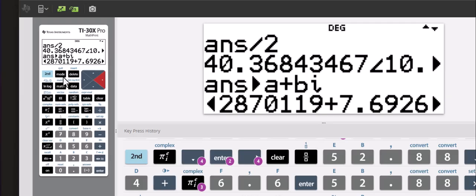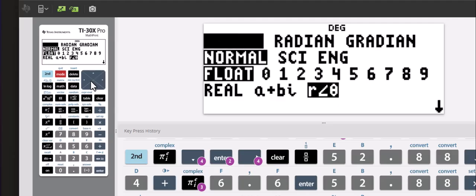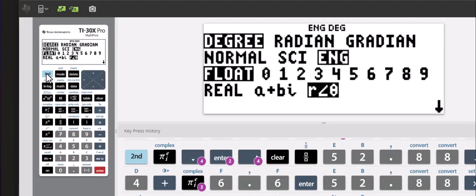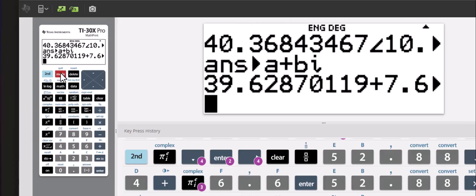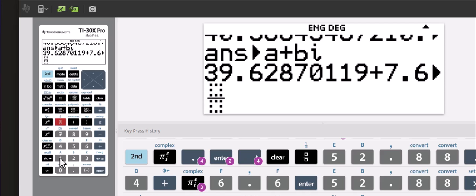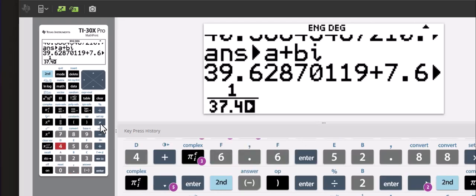So what we do, you go to mode and engineering. You're going to have to do it again. I didn't even do the calculation on this calculator. The calculation was 1 over 37.4 times 2 pi times a million.